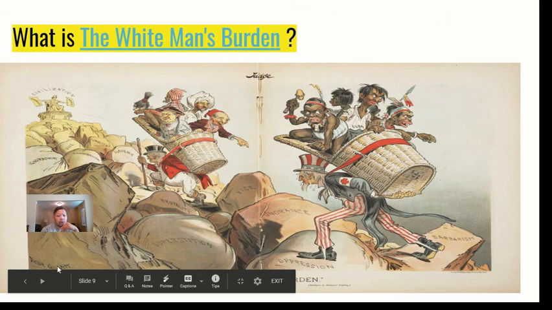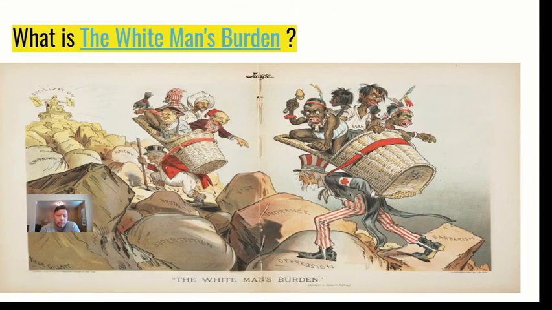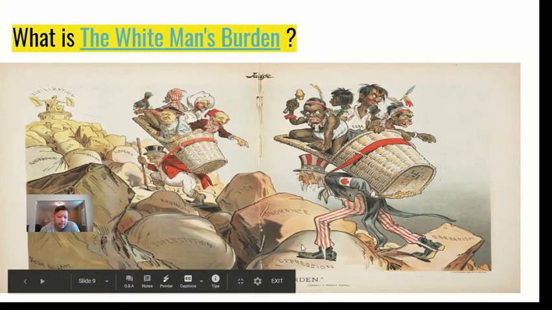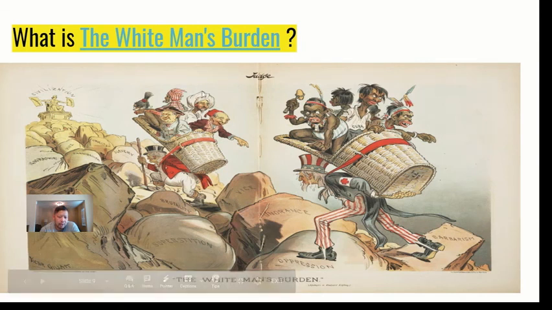Also, with this picture, I want you to analyze this political cartoon and answer this question: what is the white man's burden? Now, it's going to help you to answer this question by analyzing this political cartoon, but also by clicking on this. Again, I'm going to share this slide with you.